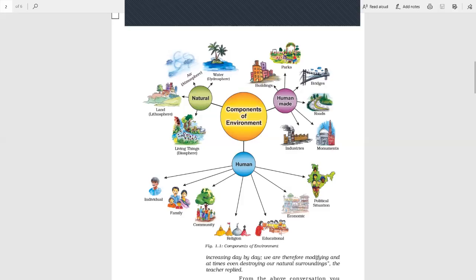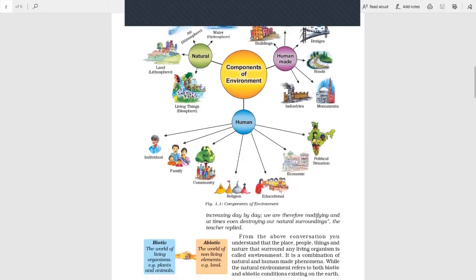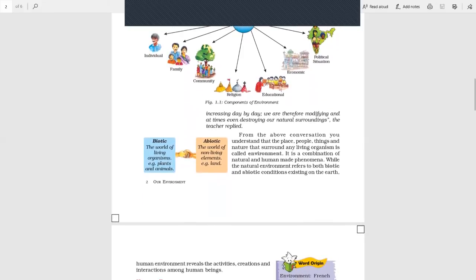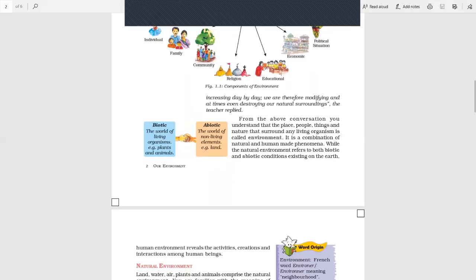In the human environment, we have individual, family, community, religion, education, economic, political situation. And in human-made, buildings, parks, bridges, roads, monuments, and industries. So this can be stated as components of environment.